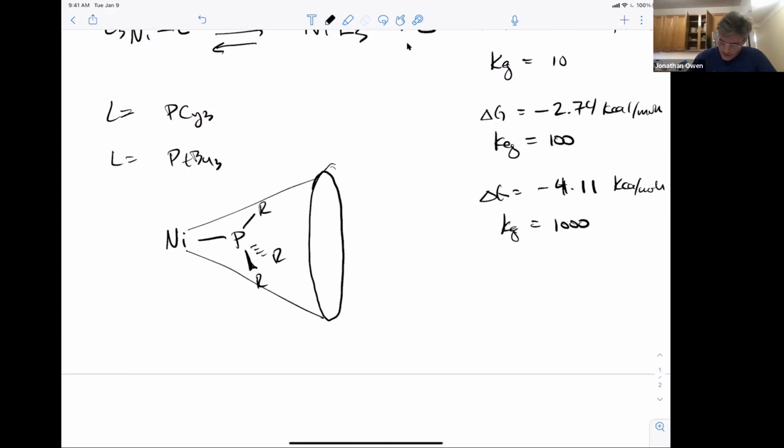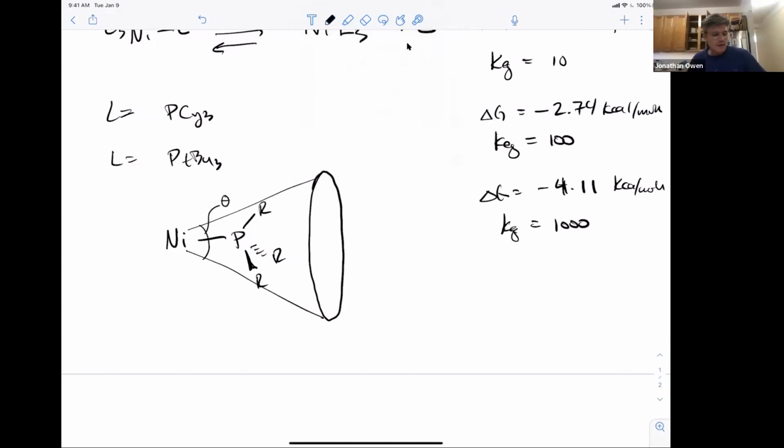Well, theta, this angle here, is a measure of how big the phosphine is. Oh, that's right, because on triphenylphosphine the rings are kind of turned.